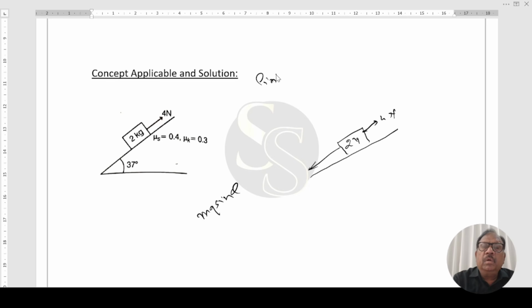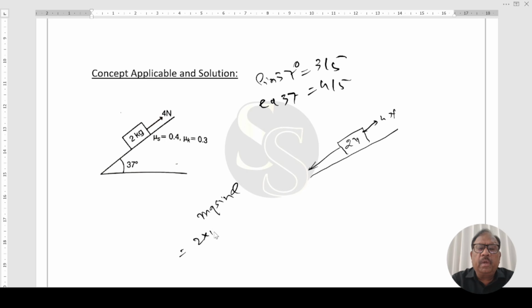The value of sin 37 is 3/5 and the value of cos 37 is 4/5, right? mg sin theta, that is 2 into 10 into 3/5, that is 12 Newton. Weight is acting vertically downward.